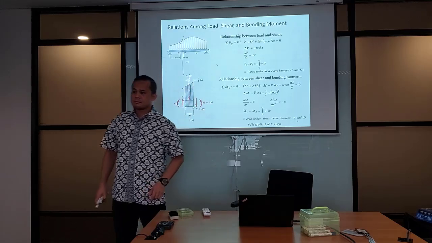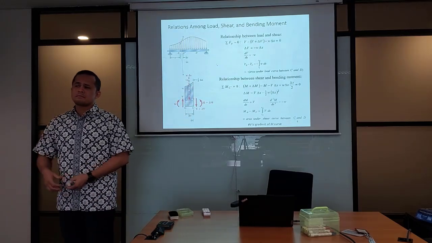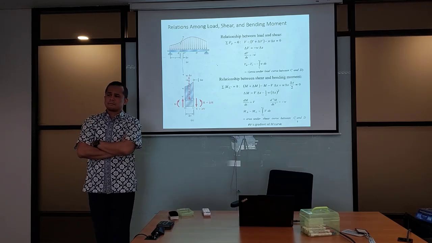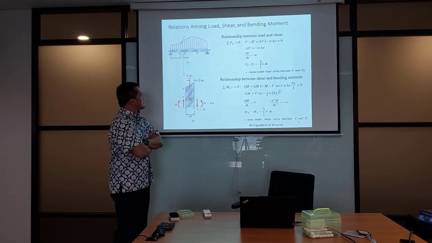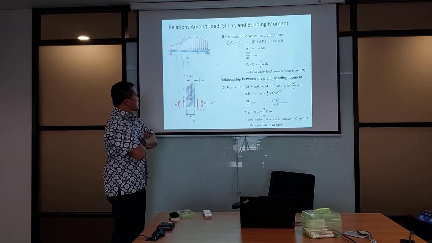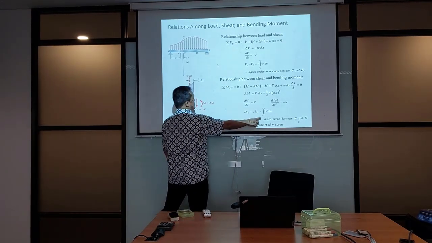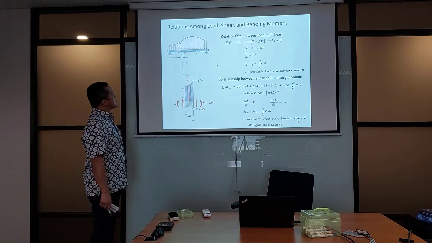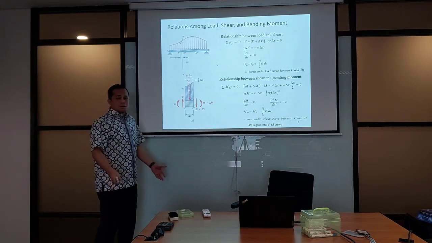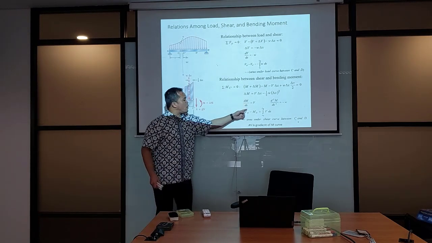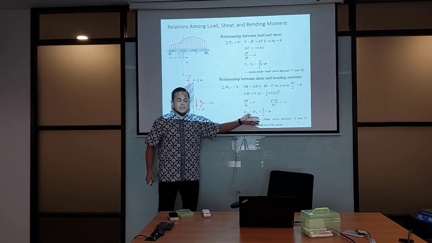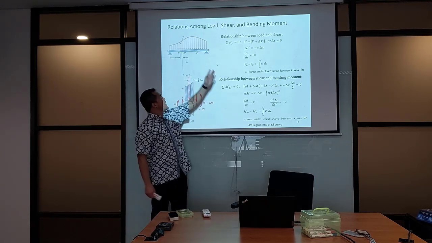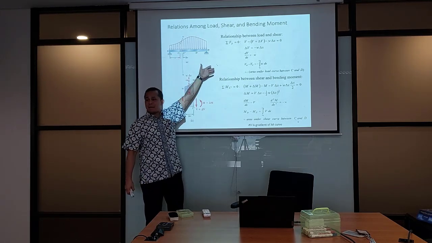What we analyze is from C until C prime. Why is the integral from C until point D? The integral is from C until point D, but what we analyze is the C. By this equation, you can always find the difference in moment at any location inside the beam.